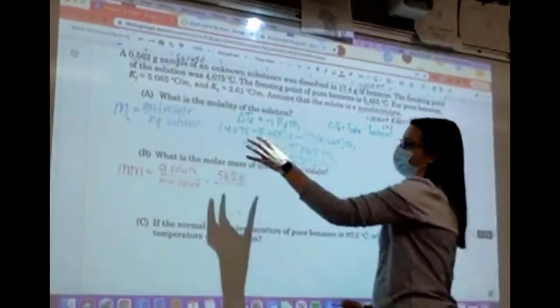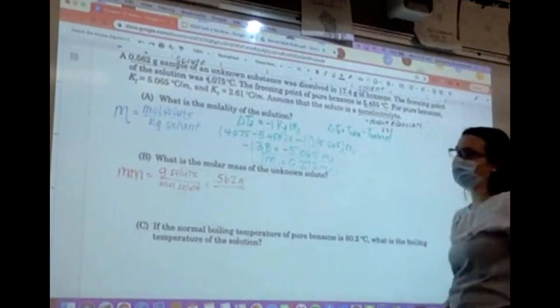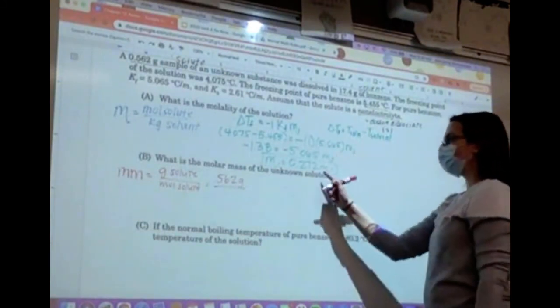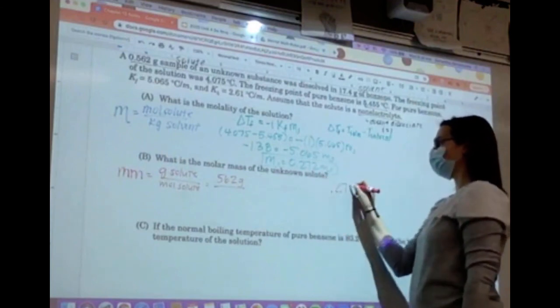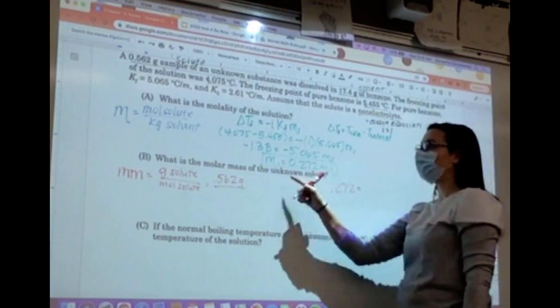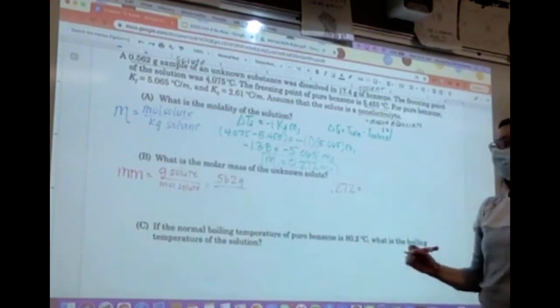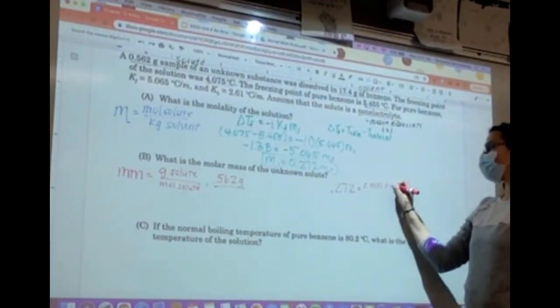Now remember, everything builds. So I can use something that I found in part A to help me answer part B. I found the molality in part A. Remember that molality is moles of solute over kilograms of solvent. So I can find moles of solute.